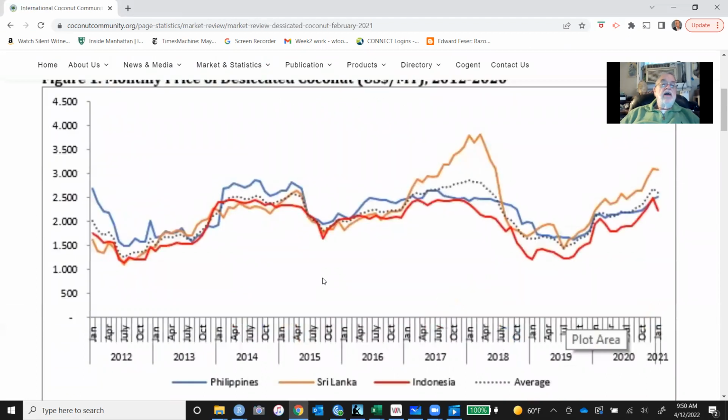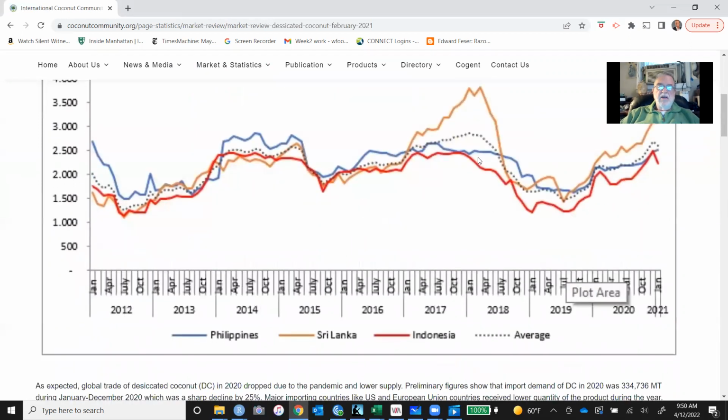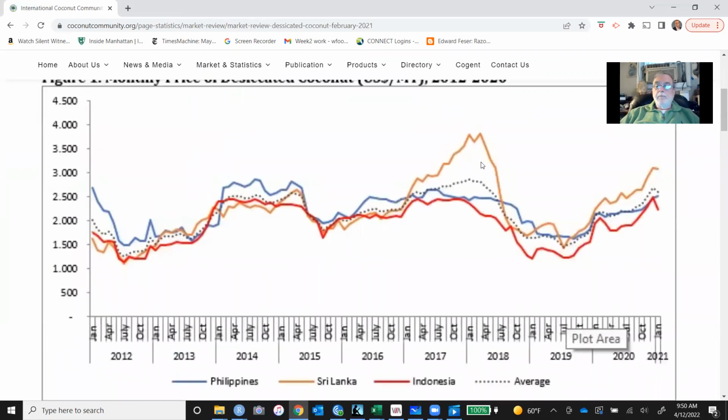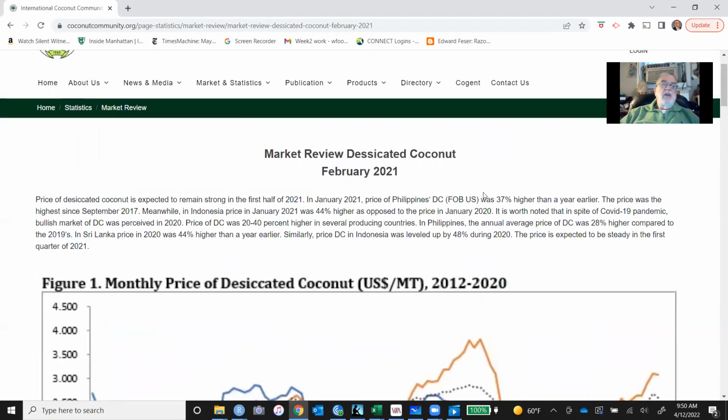And we can see that desiccated coconut, which has gone through a process, can have a high, for example, of 3,500 and a low, just looking at this particular one, Sri Lanka, of approximately 1,500. So this is already partly processed, an example of that.